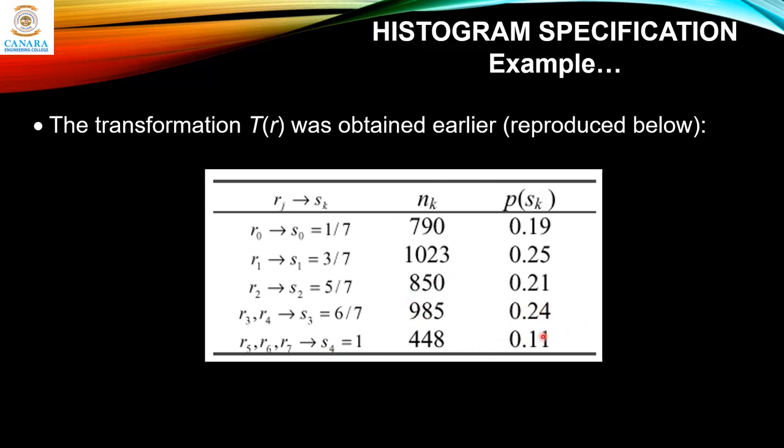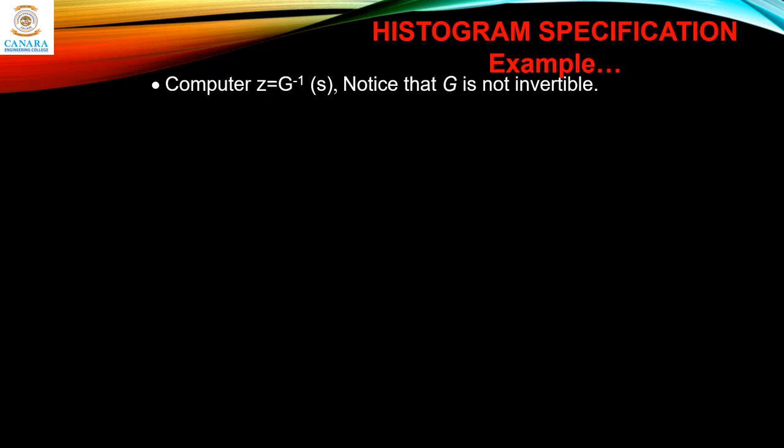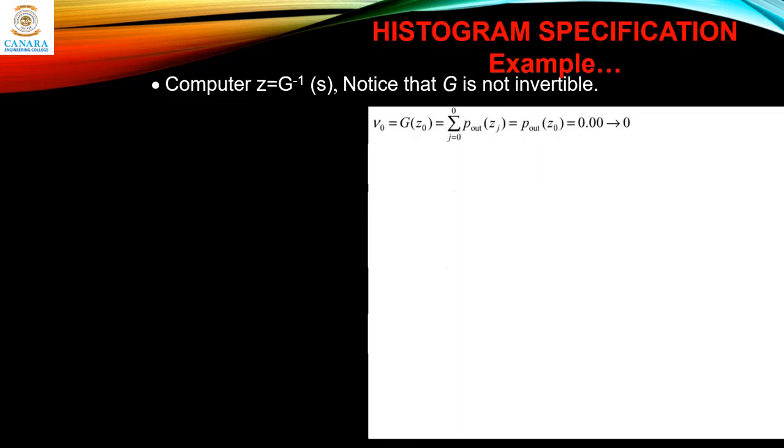Let's perform a similar transformation on the target histogram. Let's compute z is equal to G inverse of s, and notice that G is not invertible here. So let us obtain the value for v_0 first. v_0 is G of z_0. The first value, p_out of z_0, is 0, which maps to 0. v_1 is the first value plus the second value, p_out of z_0 plus z_1.